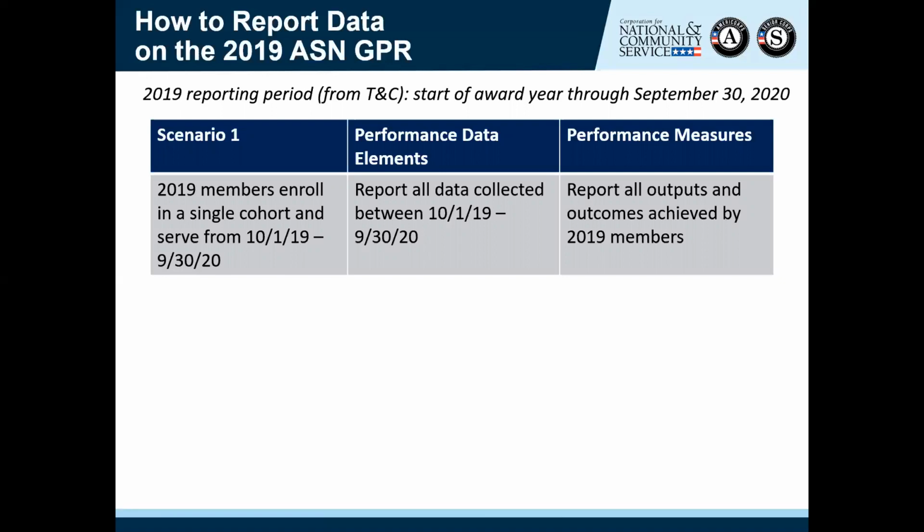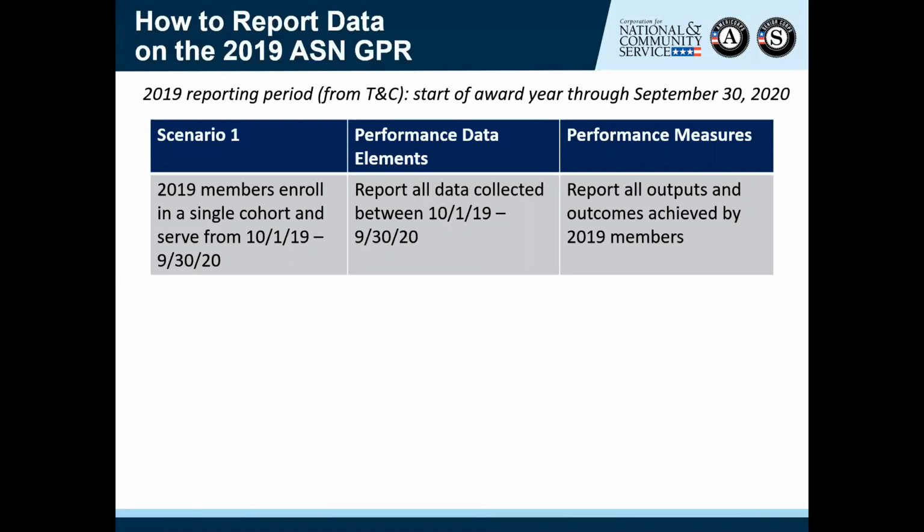So scenario one, which you see on this slide, is a relatively uncomplicated grant where in program year 2019, the members enroll in a single cohort and serve from October 1st, 2019 through September 30th, 2020. That means that the member activities, outputs, and outcomes exactly align with the timeline of the federal fiscal year.